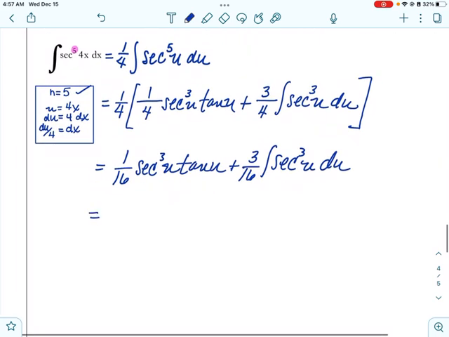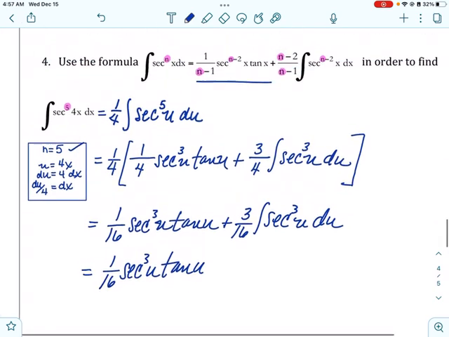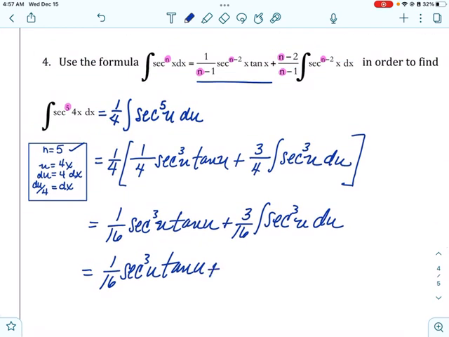Okay, I'm going to continue this then. 1/16 secant cubed u tan u. I'm going to pull this down a little so we can see the formula. Plus 3/16. So now I'm going to do the secant cubed integral. So n now is 3.